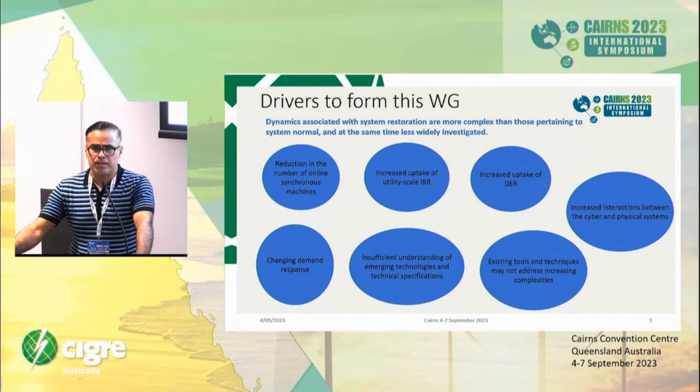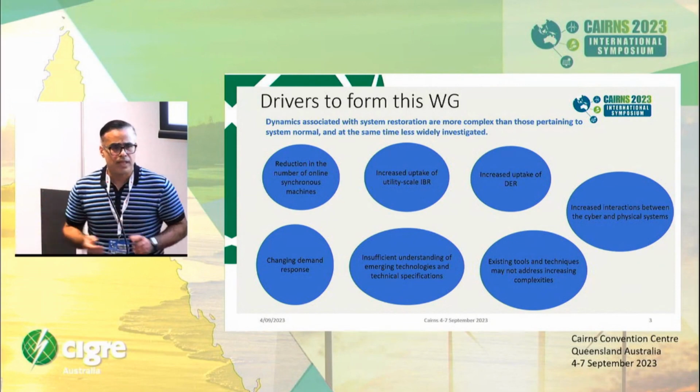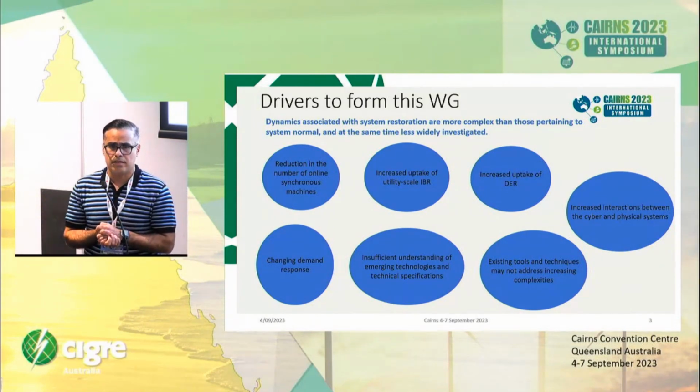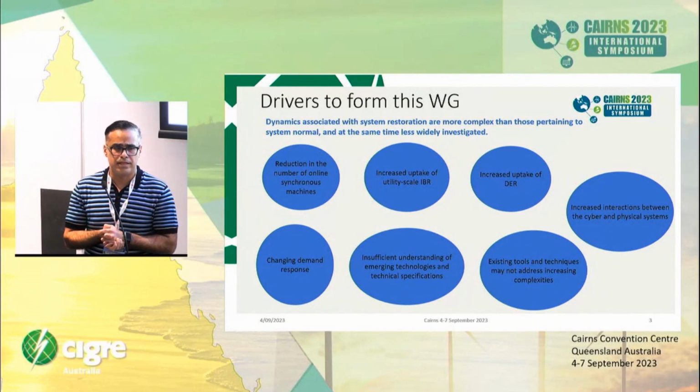The vast majority of these discussions are on operation of IBR and their performance during system normal. And surely these are extremely challenging as we have moved to a system with higher share of inverter-based resources.